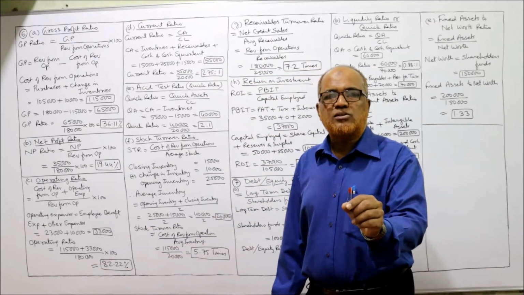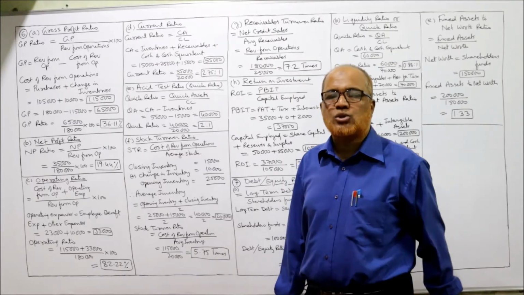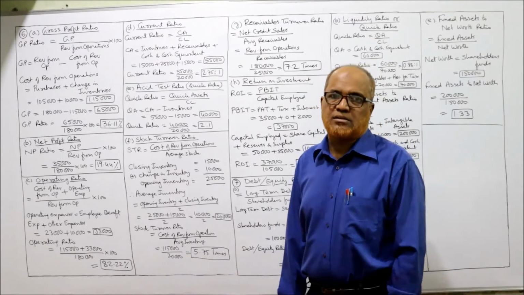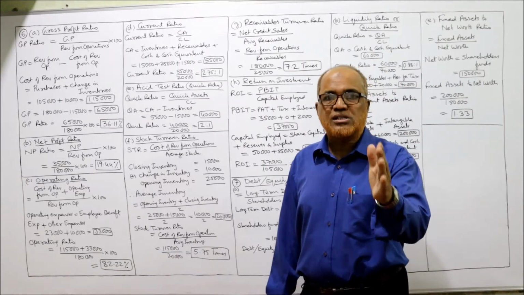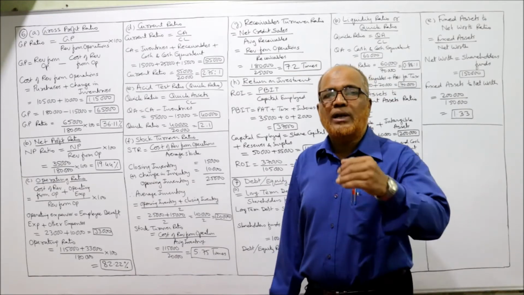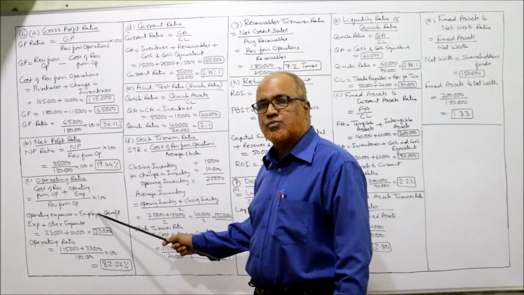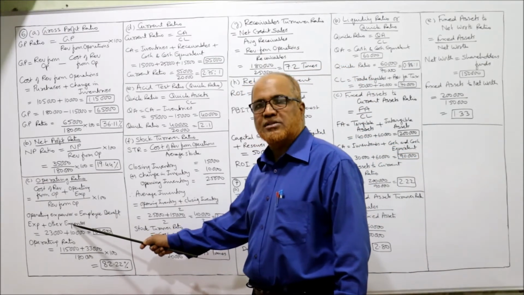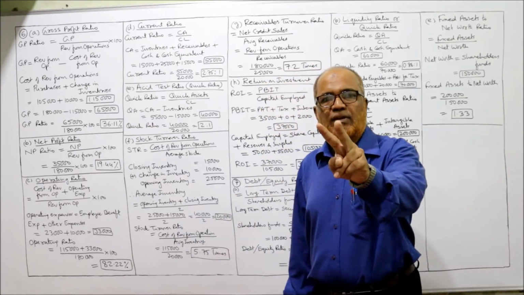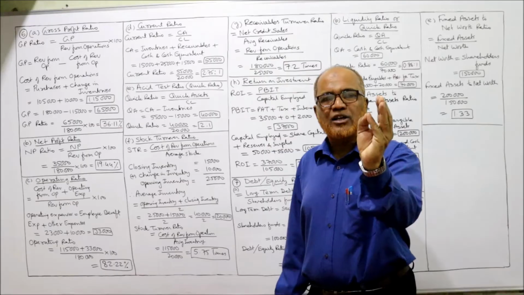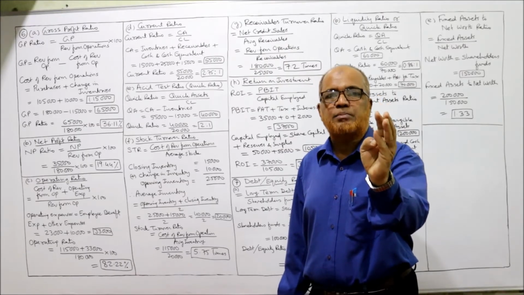Operating expenses means all expenses except finance cost. Finance cost is a non-operating expense. So leaving that finance cost, what are the other costs? Employee benefit expenses and other expenses. Only two expenses are given. You can see the profit and loss statement: employee benefit expenses and other expenses.